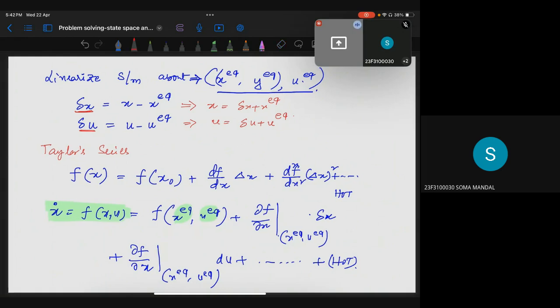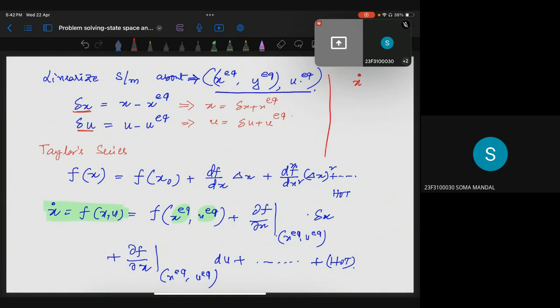So let us say in general, you have a function x. x dot is equal to f of x. In general, how does that function look? Let's say it looks like this. Is it a linear function? No. So linearization means we try to find a point, and that point is nothing but this equilibrium point.